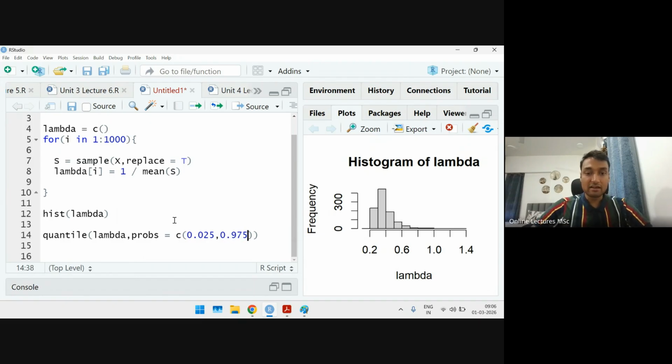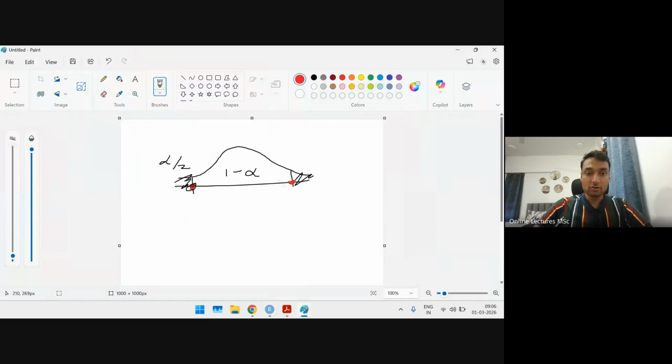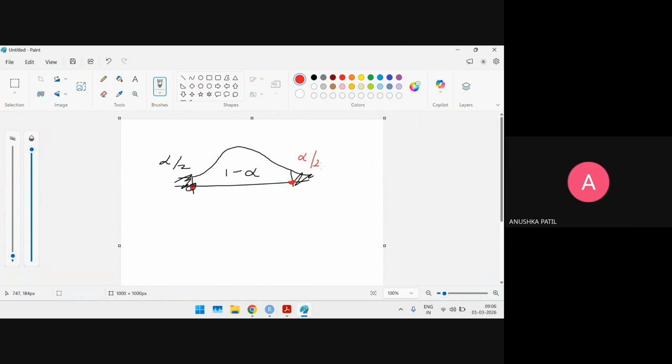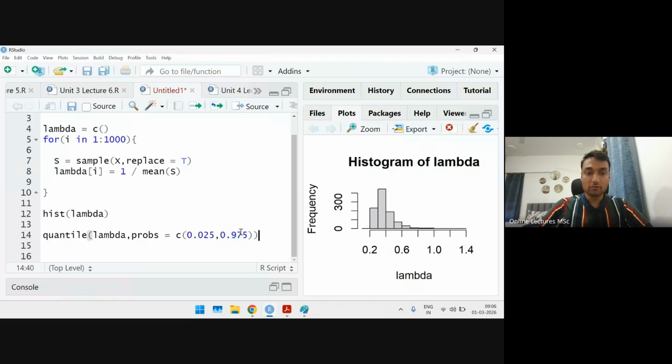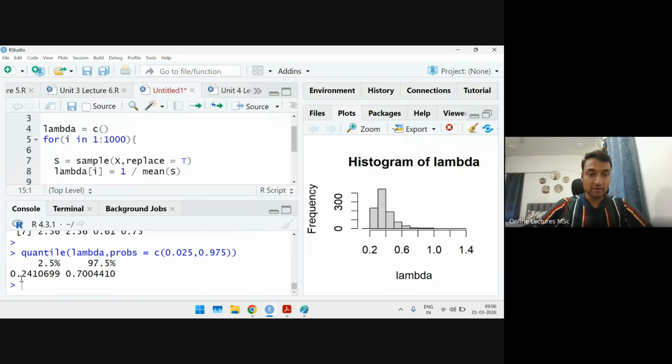That is where I'm dividing both the errors equally on either of the tails. So this confidence interval is nothing but the confidence interval for lambda. I say 95% of the time my lambda value would be between 0.24 and 0.70 approximately.